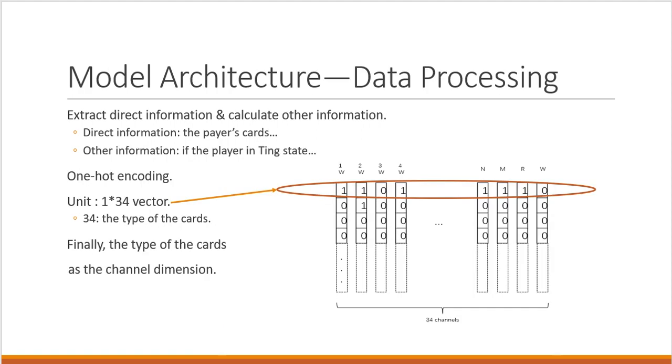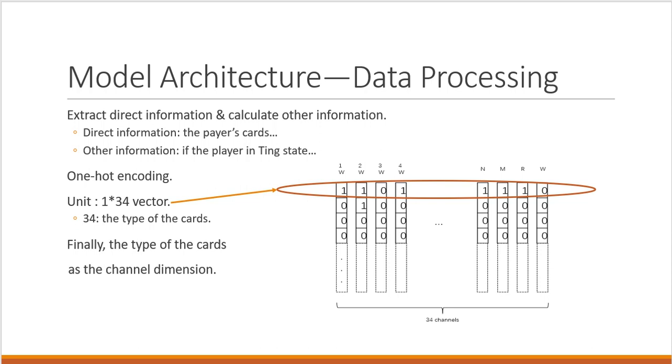Actually, we did much work on exploring an optimal input structure for the neural networks. A series of features are extracted from human game records, such as the cards a player holds and the cards the 4 players have discarded, and in addition, we calculated some extra information from the record. For example, the information indicating if a player is currently in ting state, and so on.